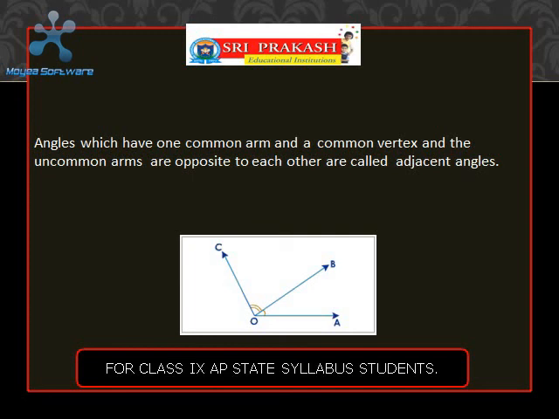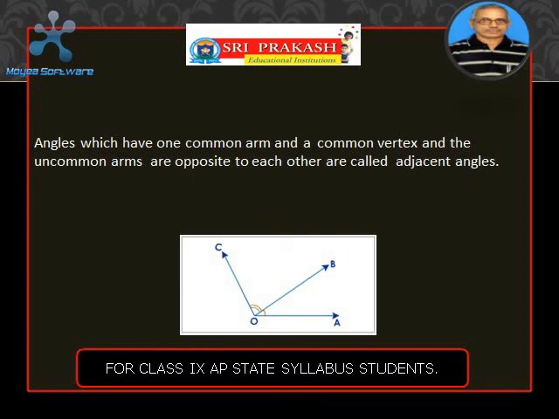In the given figure, you can see two lines intersecting at one point. Here two angles are formed, A and B. Here angle A and angle B are called a linear pair.